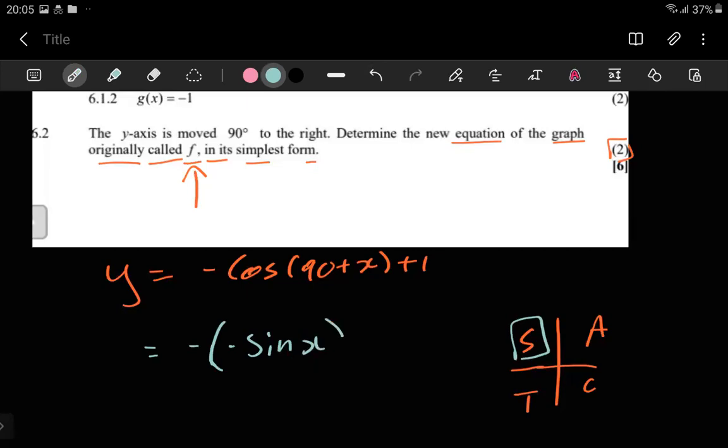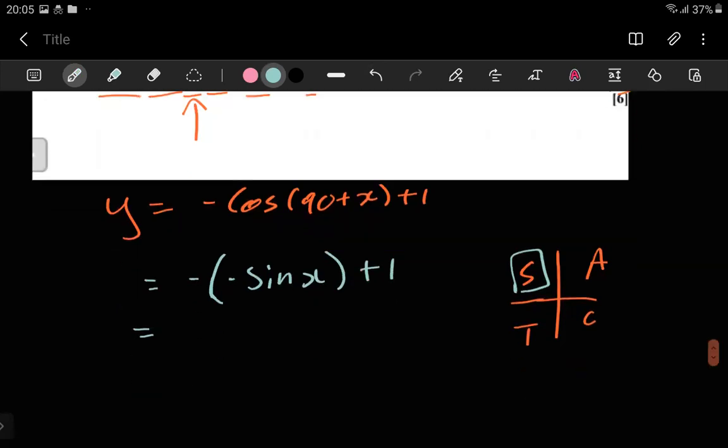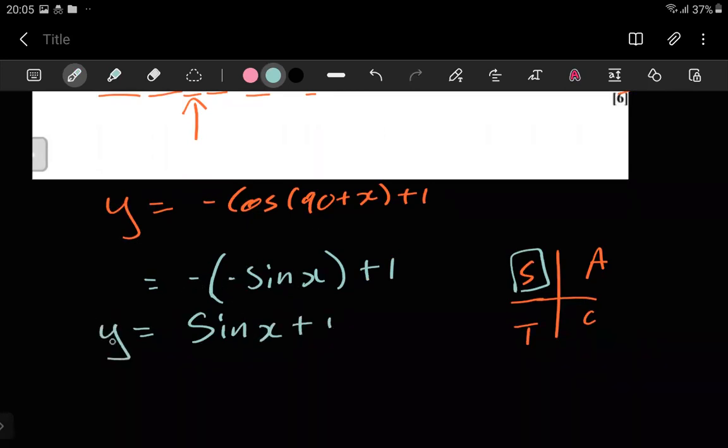And then plus 1. These two multiply together, and it's going to give a positive sine x, and then plus 1, like that. This is what your new equation would look like, and that will give you all your marks.